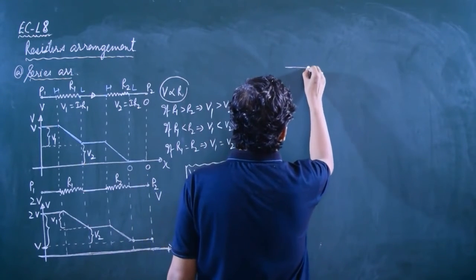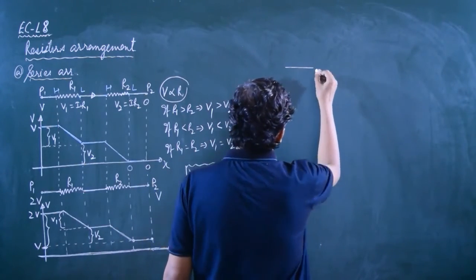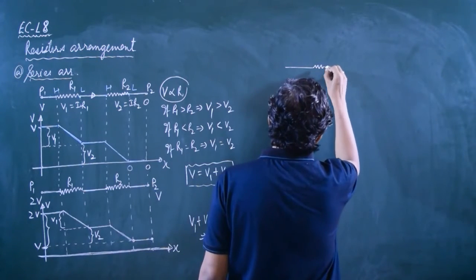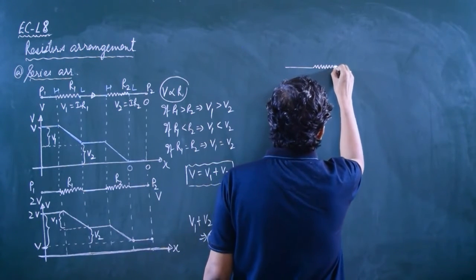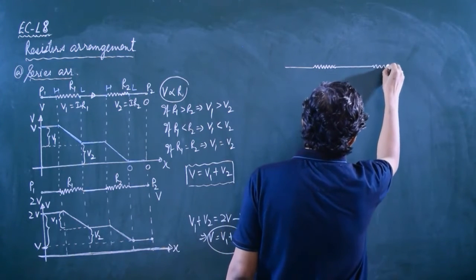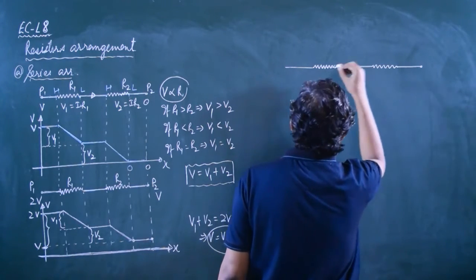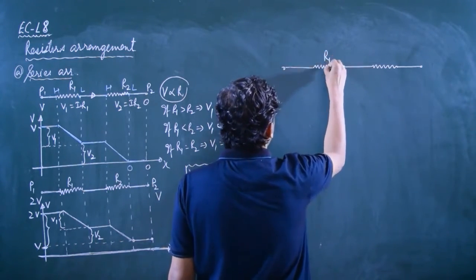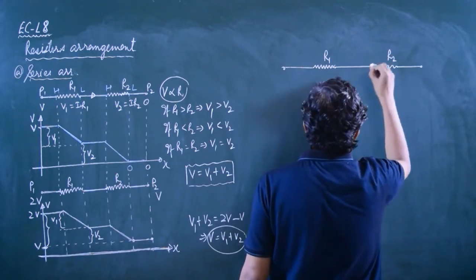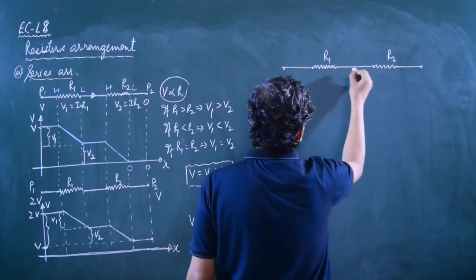We come to one more graph. Again we consider the resistors R1 and R2 only. This resistance we have R1 and this resistance we have R2.